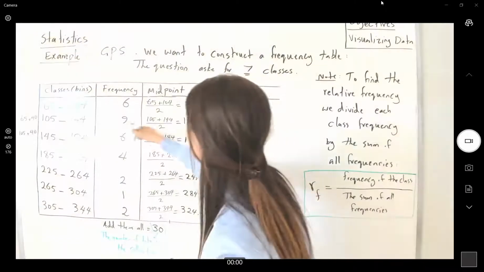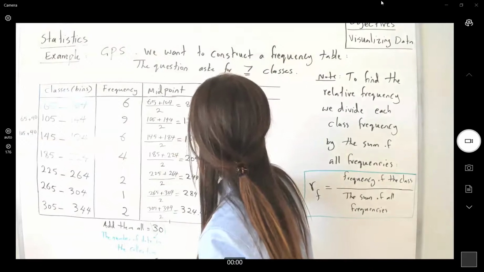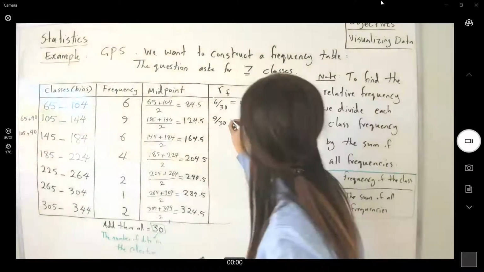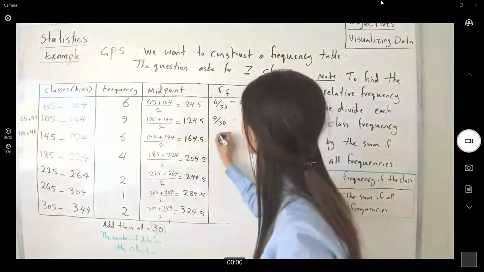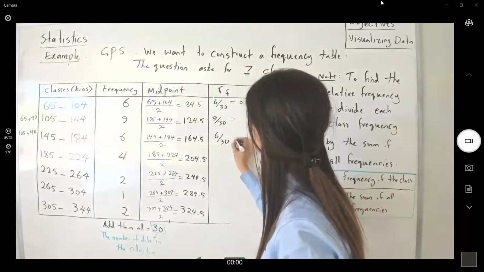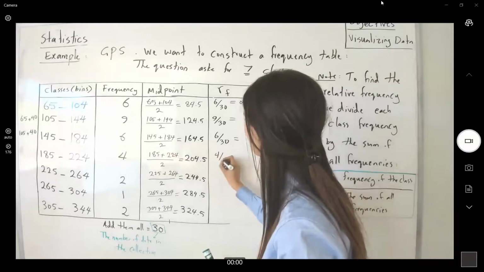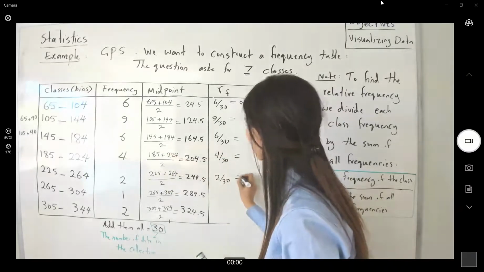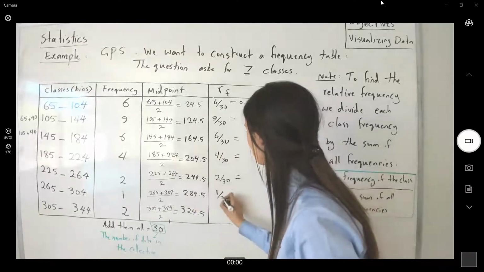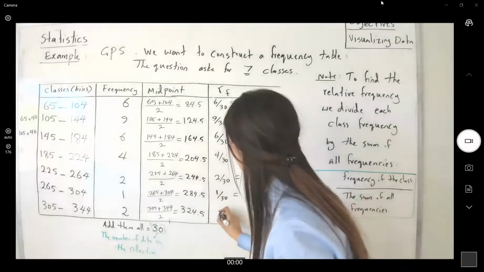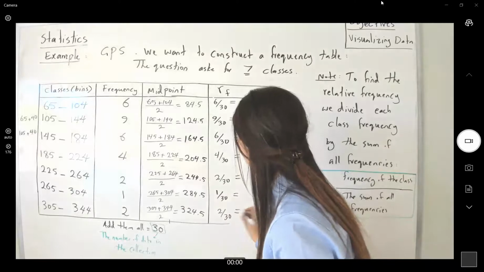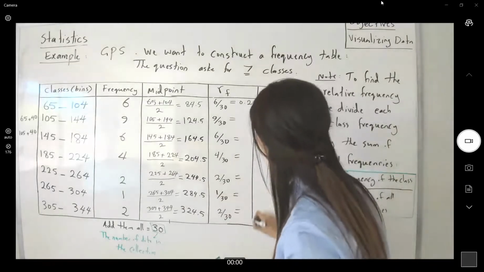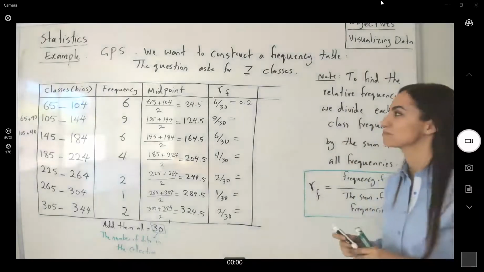Then you have the relative frequency for the second class, 9 divided by 30. Then 6 divided by 30. Then 4 divided by 30. Then 2 divided by 30. Then 1 divided by 30. Then 2 divided by 30. That's how we find the relative frequency for each class.